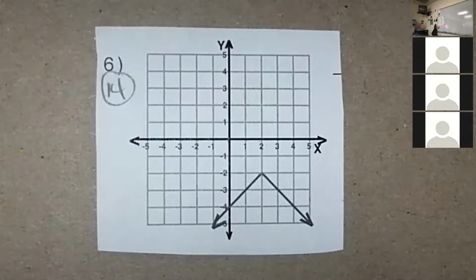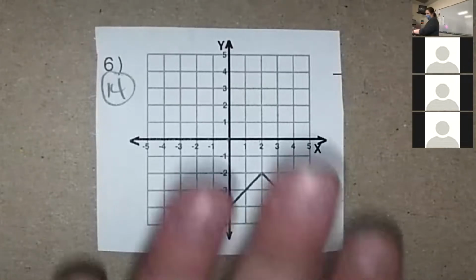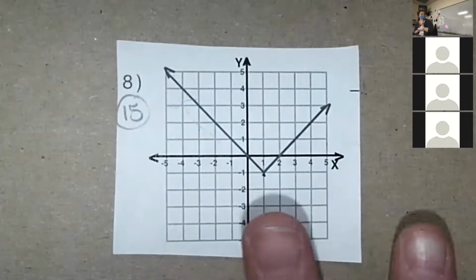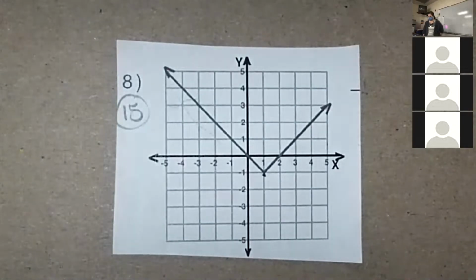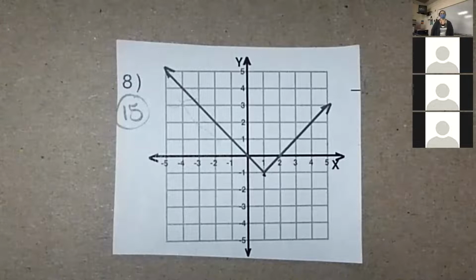Okay. All right, 15. Equation on 15. So y equals. I like the words ones better too. But it's funny because some people like the equation ones better. A lot of times with the equation ones, I have to actually think of the words first and then put them in.